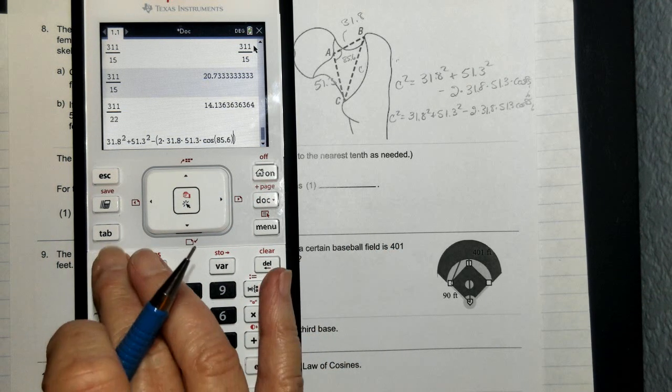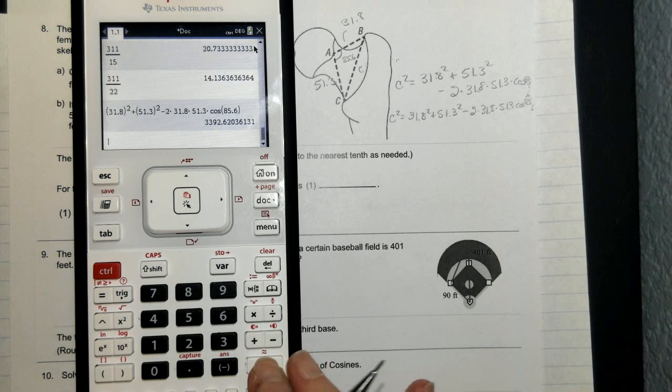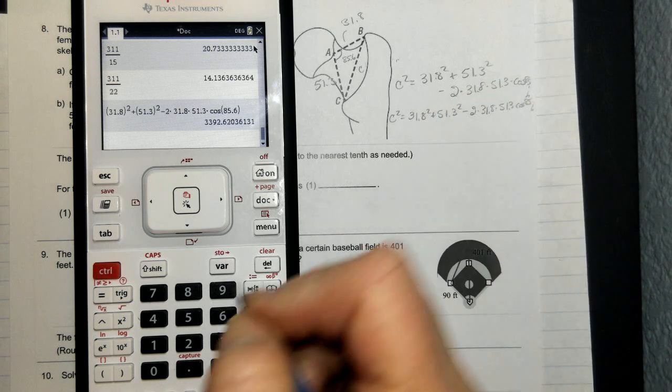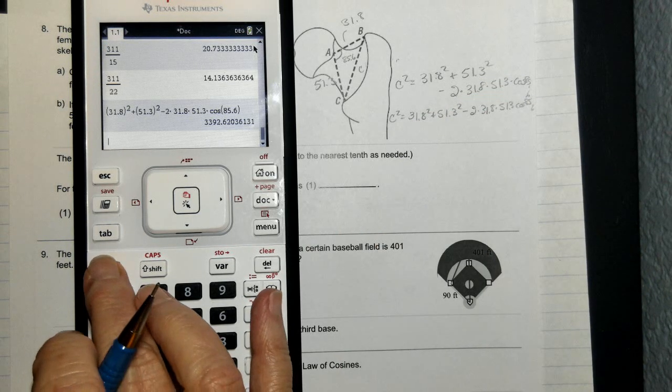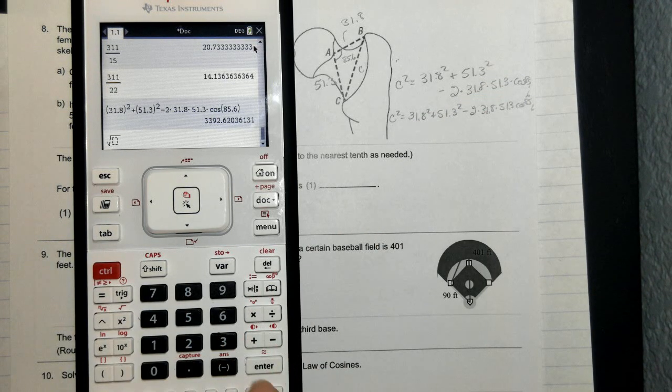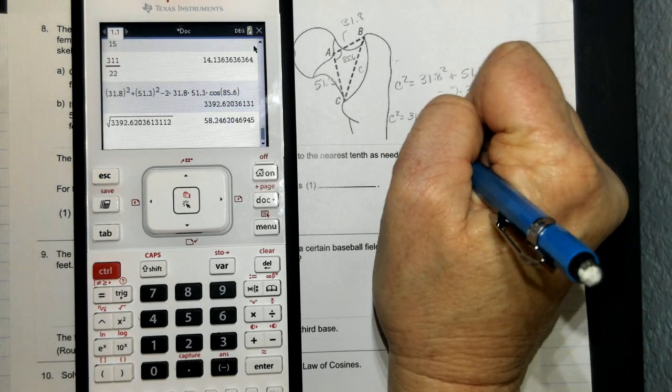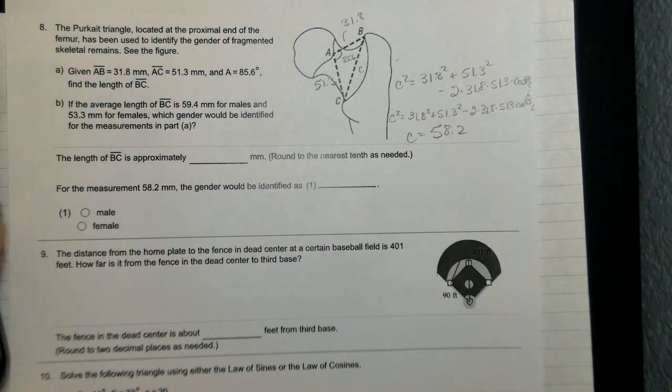Close parentheses, and that all comes to 3392. I'm going to take that and square root it, control square root, control answer, control enter, and I get C equals 58.2.